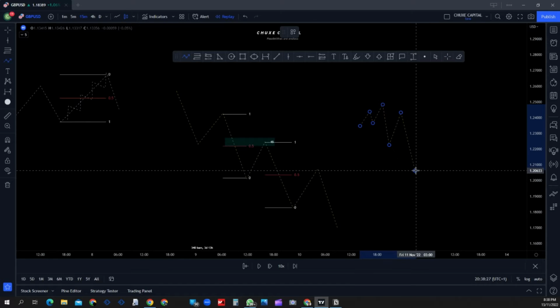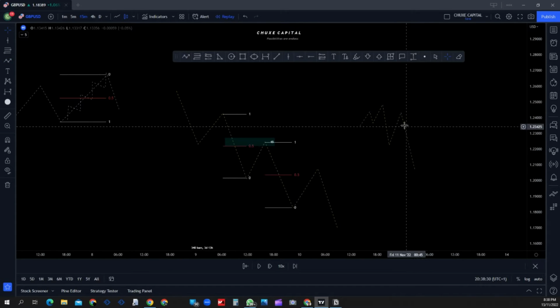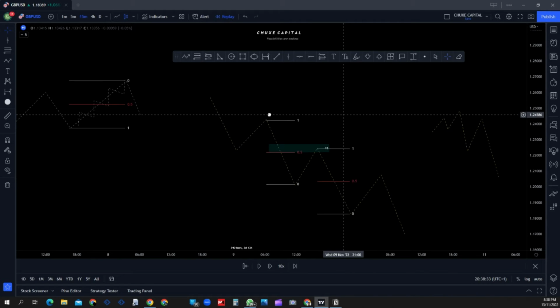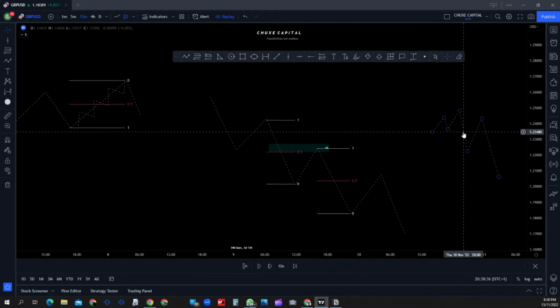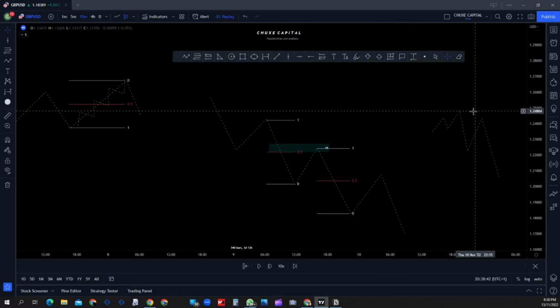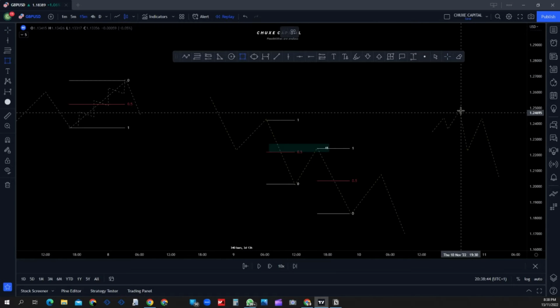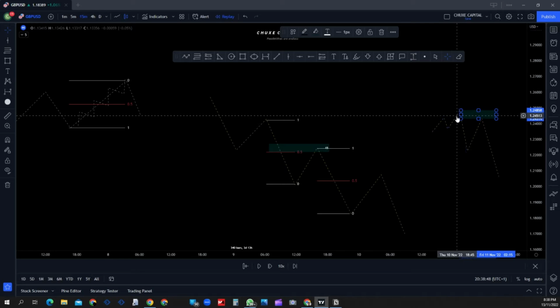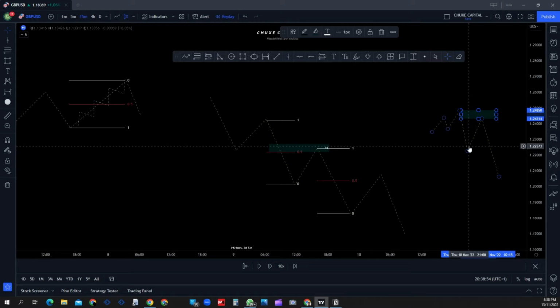Now, in addition to this, we're looking at liquidity. Sometimes we want liquidity to be formed somewhere down there, which then gets swept before we enter. Also, one of the things we're looking at is perhaps this sweeping liquidity there, and then to move.